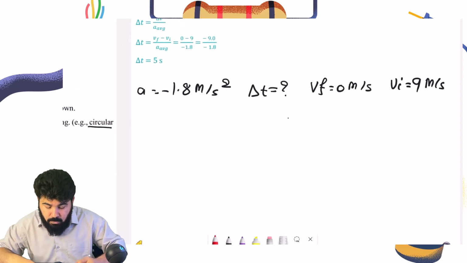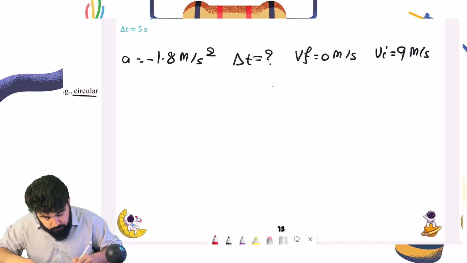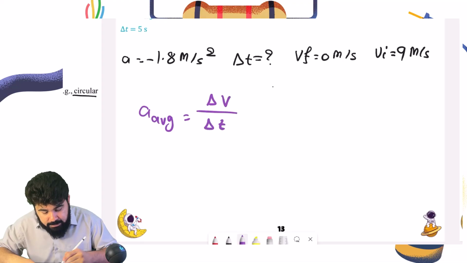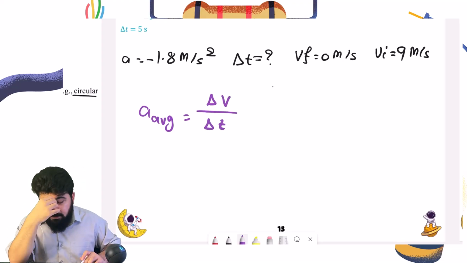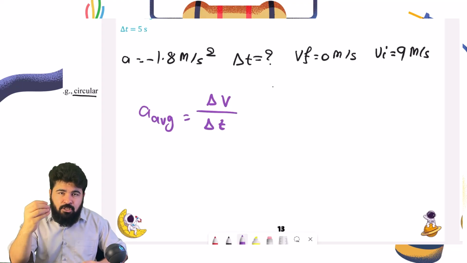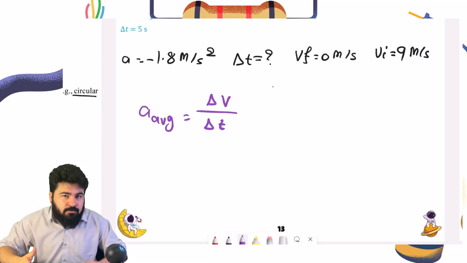Find delta t. You memorized average acceleration: average acceleration is equal to delta v divided by delta t. Always remind yourself that the units should be consistent. We said the unit of acceleration is meter per second squared.